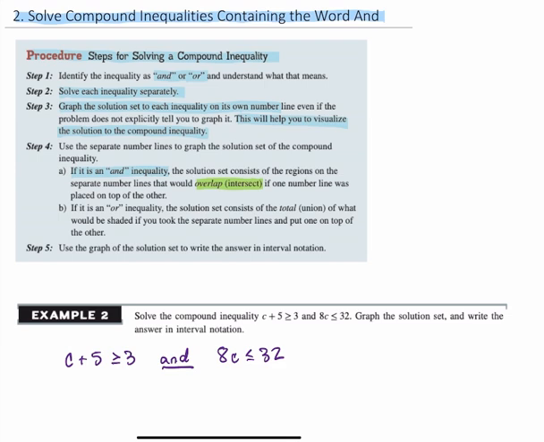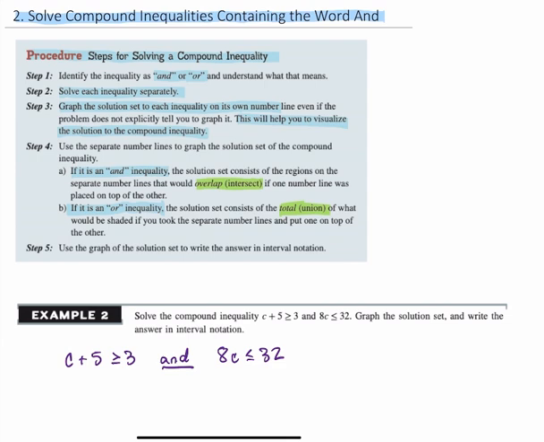If it's an or inequality, the solution set consists of the total of what would be shaded if you took the separate lines and put one on top of the other. You can also call that a union. This is making a reference to some set theory terminology, a union or an intersection.